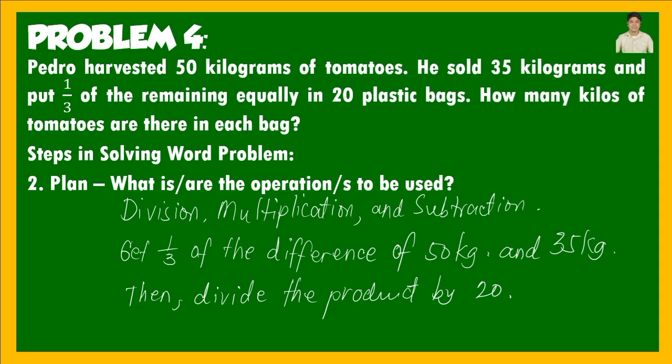So, una kunin muna natin yung difference ng 50 and 35. Tapos, tsaka natin multiply sa 1/3. And then, kapag nakuha natin yung product dun sa first step na yon, i-divide po natin yon sa 20. Para alam natin, kada bag, gaano kabigat or how many kilograms of tomatoes ang meron dun sa kada isang bag.